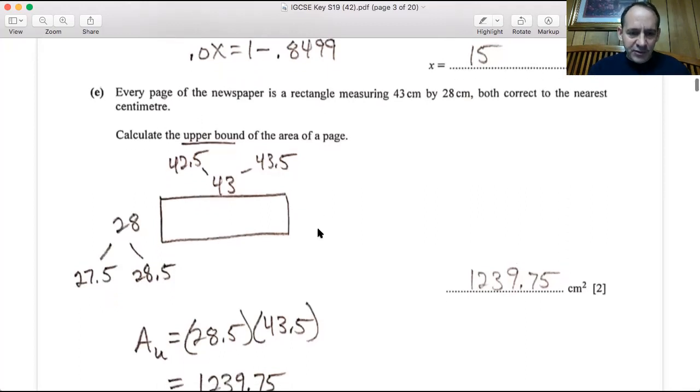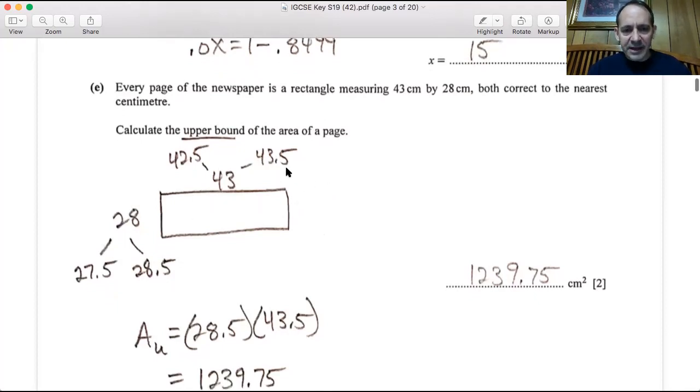And every time I have a student ask, why 43.5? 42.5 rounds up to 43, but 43.5 rounds up to 44, not down to 43. The thing is this, when you're writing this as a bound, let's say you put a little x right here in the middle, your x would be greater than or equal to the 42.5 and less than but not equal to the 43.5, but you still write the 43.5 because it includes 43.4999999.